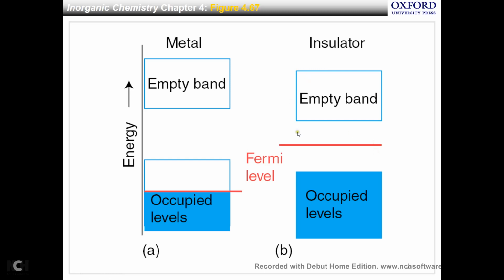Again, it's nearly impossible to promote an electron from here to here. And that's why insulators do not conduct electricity. The Fermi level of such an insulator is between the valence band and the conduction band, somewhere in the middle. Again, over here, there's a 50% probability of observing an electron in this level.